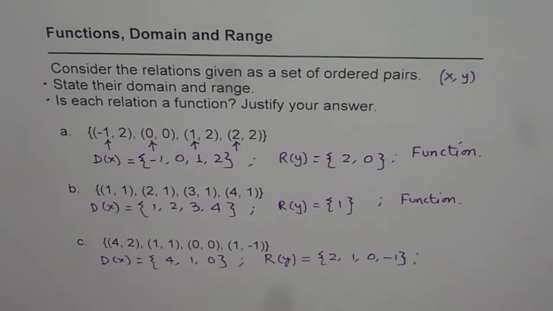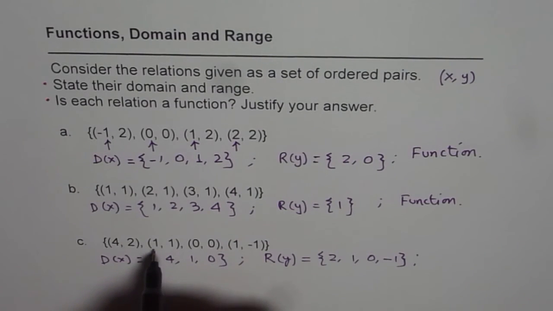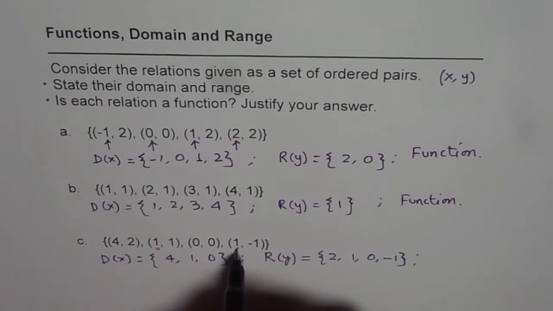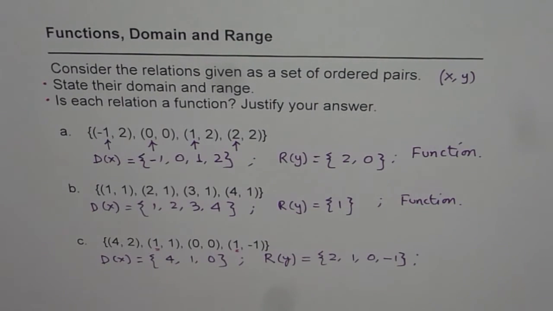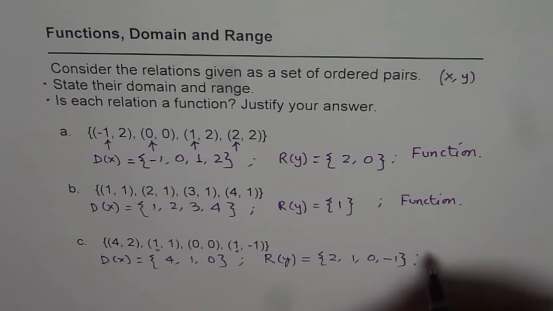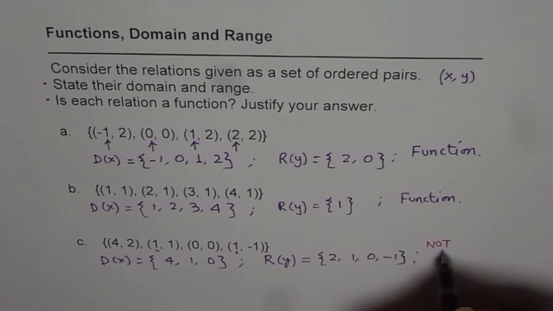Now, is it a function or not? You will notice that 1 is associated with 1 and also with -1. The coordinate points (1, 1) and (1, -1) are an indication that it is not a function.